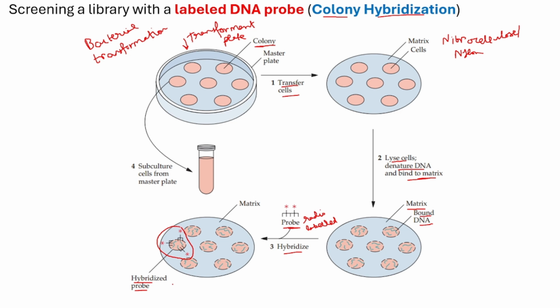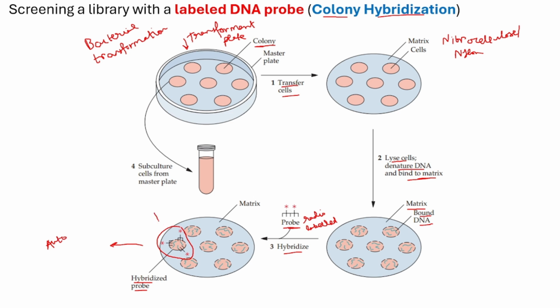So by this process you can easily identify the region of positive response in the autoradiography. What will we do after this? Cells from this positive colony can be subcultured, because they may carry the desired plasmid cloned DNA construct. After you visualize it by autoradiography, suppose you find radioactivity within this colony.